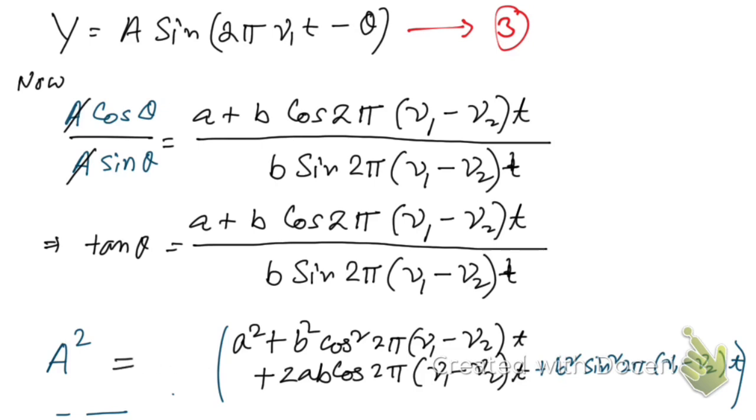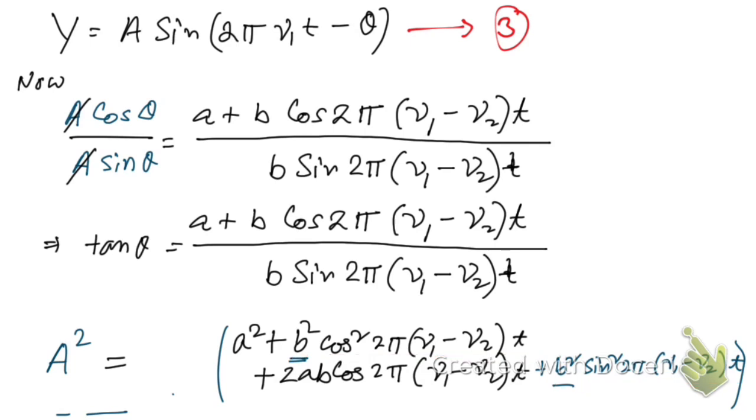And similarly here you see, if you take b square common from these two, within the bracket you're going to get cos square 2 pi of this and sine square 2 pi of this. Again we're going to apply this identity, sine square theta plus cos square theta equals 1, then 1 into b square, you're going to get b square.